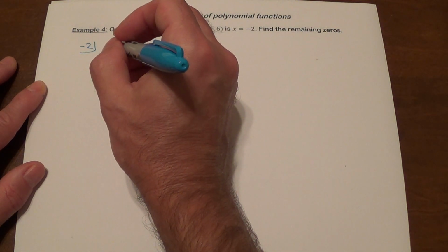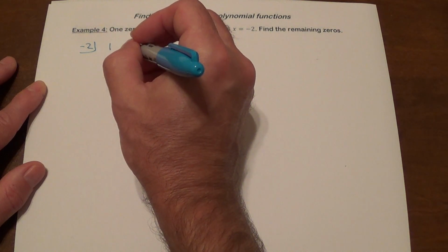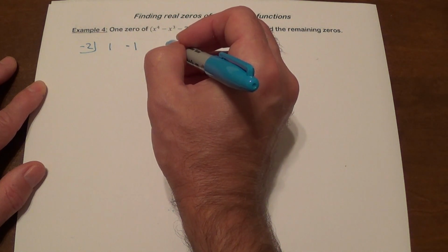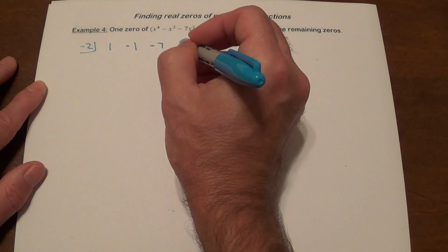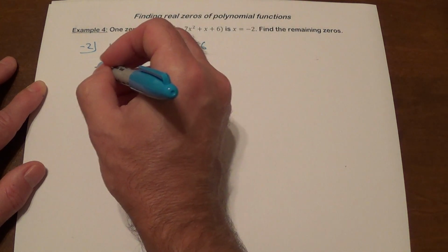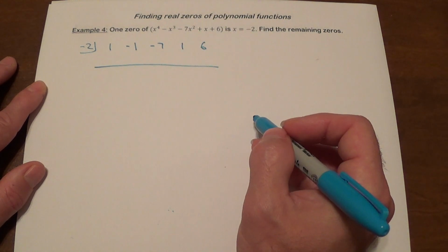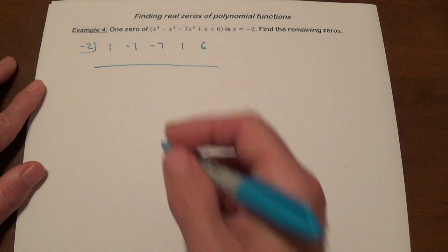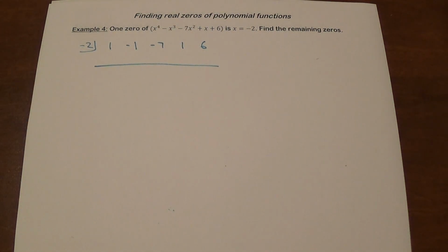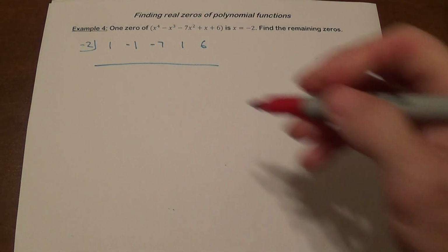This is going to be 1x to the 4th minus 1x cubed, followed by minus 7x squared plus 1x plus 6. And what we are going to do here is drop 1. Hold on a second, let me get my red marker. I'm going to drop 1.